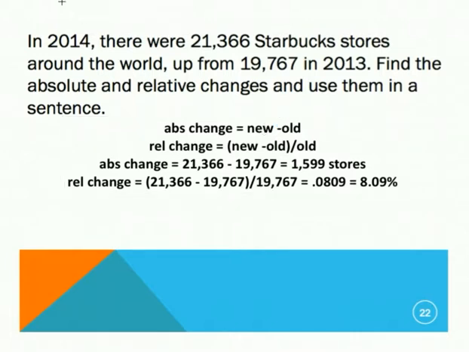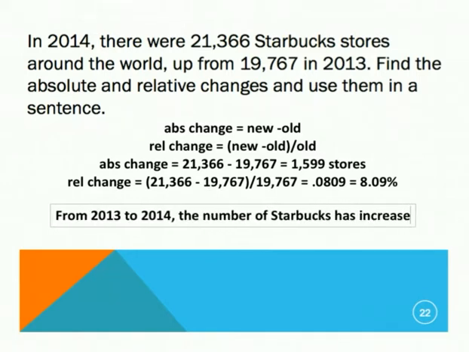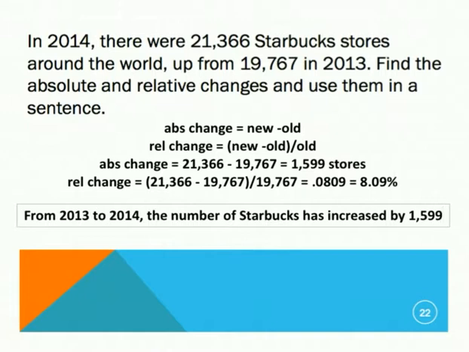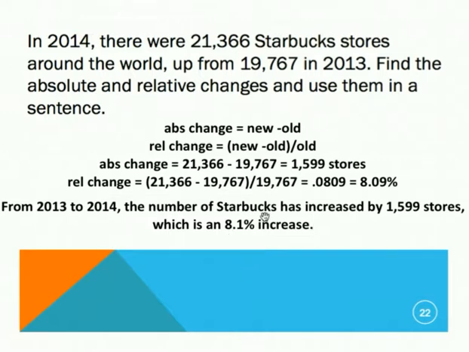And then in terms of an interpretation here, there are a few ways of saying this, but it's nice to include the year that you're talking about. So I would say something like from 2013 to 2014, the number of Starbucks stores has increased by 1,599 stores, which is an 8.1% increase, something like that, okay?